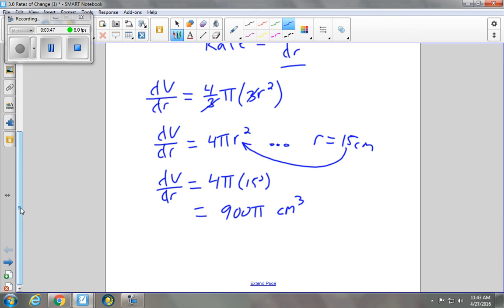And my units would be centimeters cubed per centimeter. Does that make sense? Because it's saying the volume is changing, so the volume is on top per radius, because radius is measured in centimeters. So as the radius increases, what does the volume do?